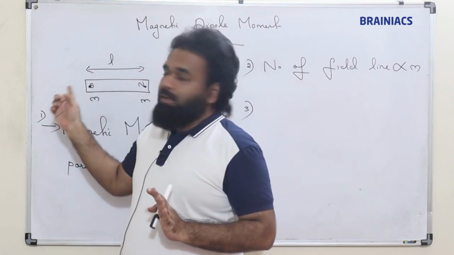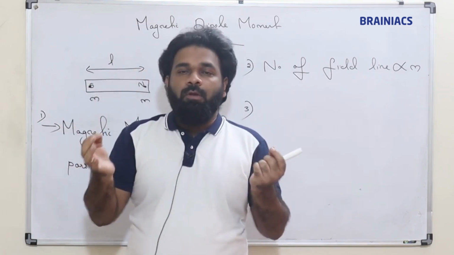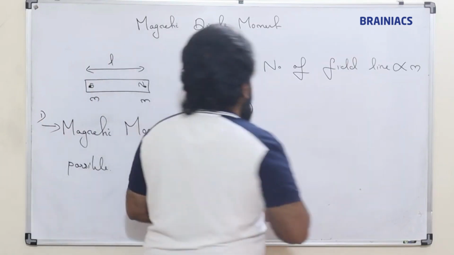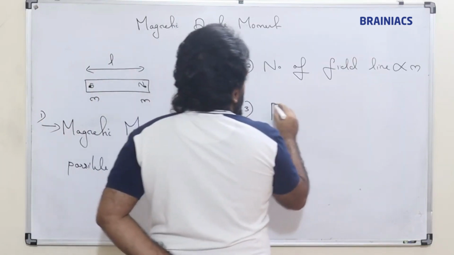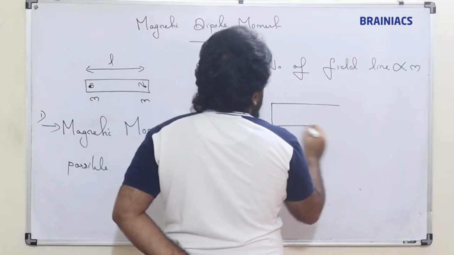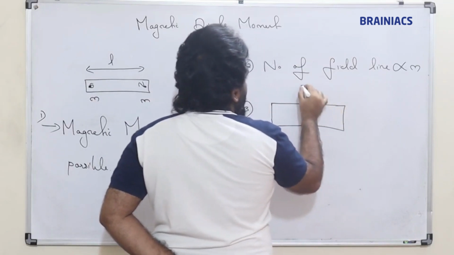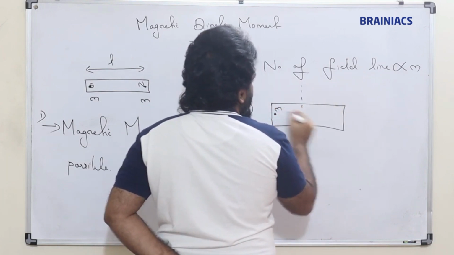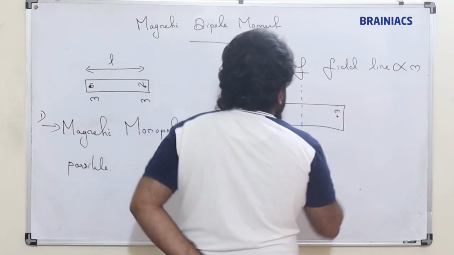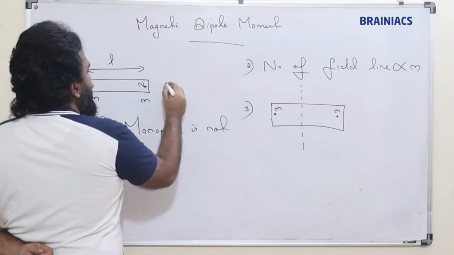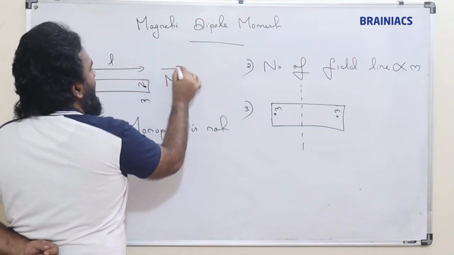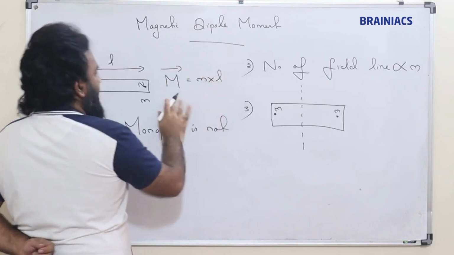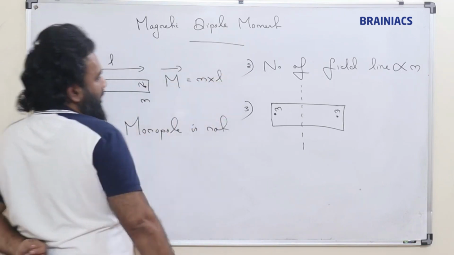Now for the time being I am considering the length between two poles as L. Suppose if we cut them perpendicularly, that is, if I cut like this, so this is M, this is also M. So if it is like this, magnetic dipole moment is what? Magnetic dipole moment is M into L, simply M into the distance between them.